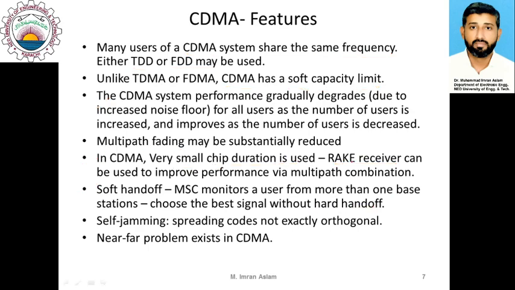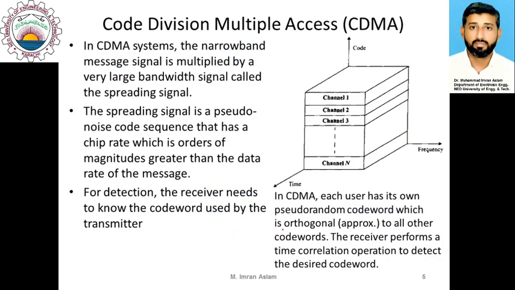There is one problem with this CDMA system, which is named self-jamming. As I mentioned, we need to use orthogonal codes when we generate this code division multiple access system.